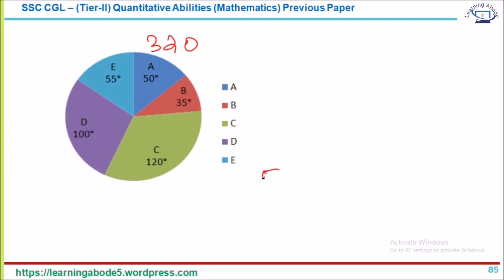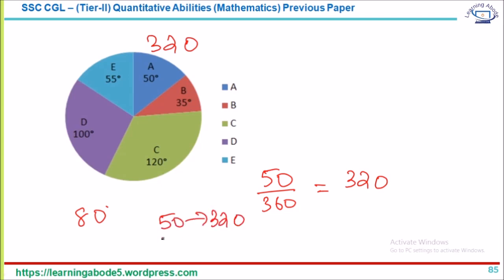So now 50 by 360 is equal to 320. Now B and E together is, B is 35, E is 55. Okay, now that's 80. Now if 50 is 320, now what is 80?